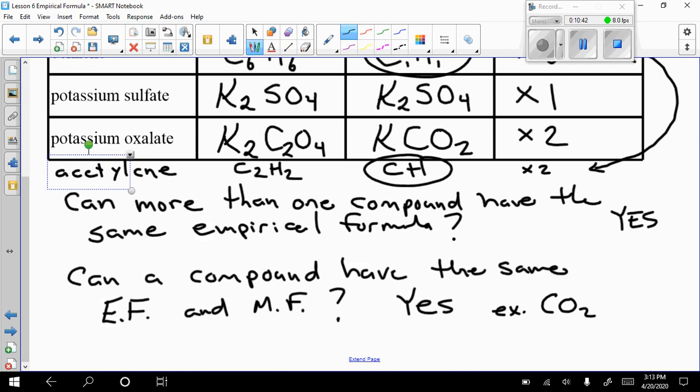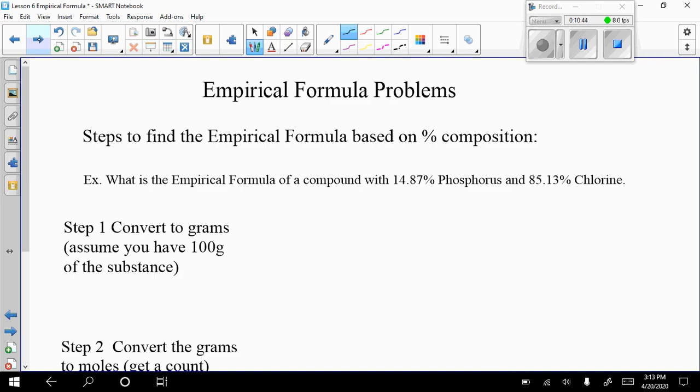Okay. Next, I'd like to walk you through some empirical formula problems. Basically, these are the steps you're going to go through to find the empirical formula based on the percent composition that you've been given. This is very applicable, in that in many situations you'll be able to gather data about the percent of the different elements present in a compound.